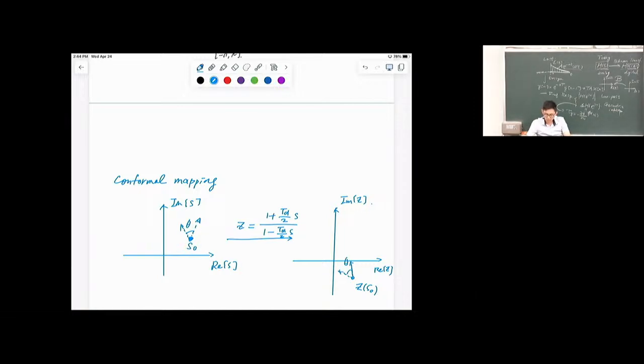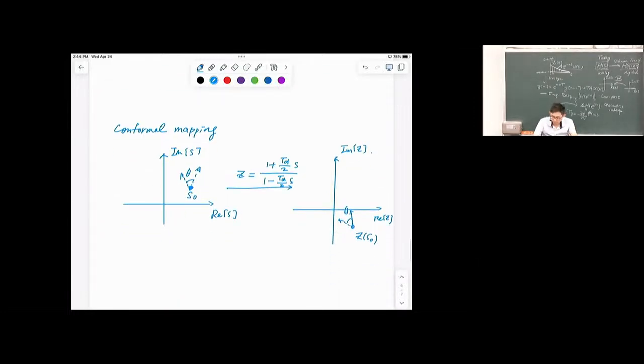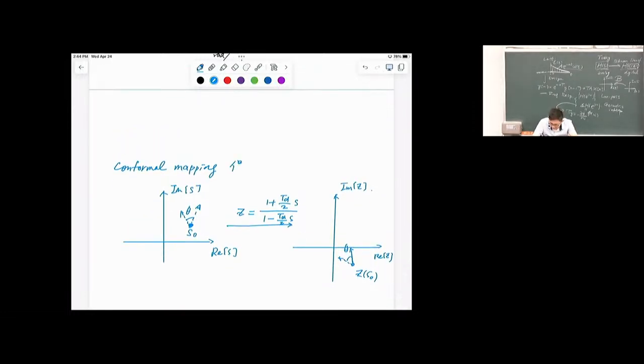This property is called conformal mapping. In Chinese, it's called 保角变换, conformal mapping.